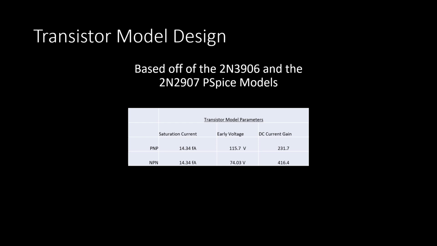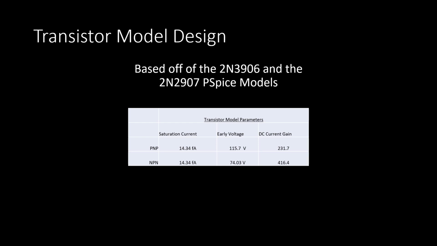The DC current gain of the transistors would determine the difference between the current into the base and the current into the collector. So a smaller base current would yield a larger collector current with a larger beta. This would also impact the gain of the circuit.